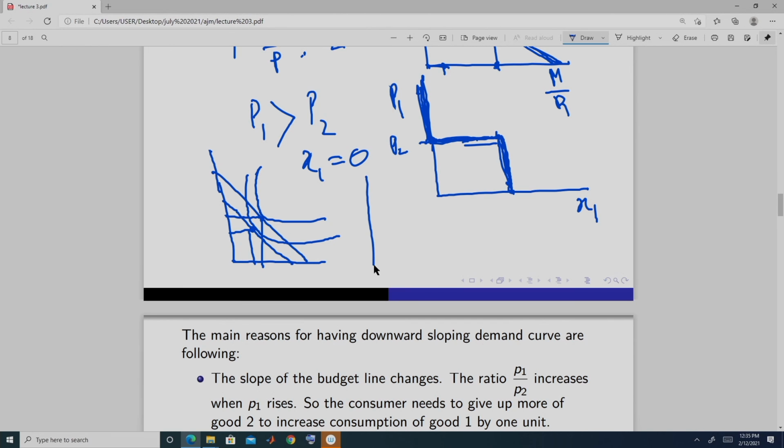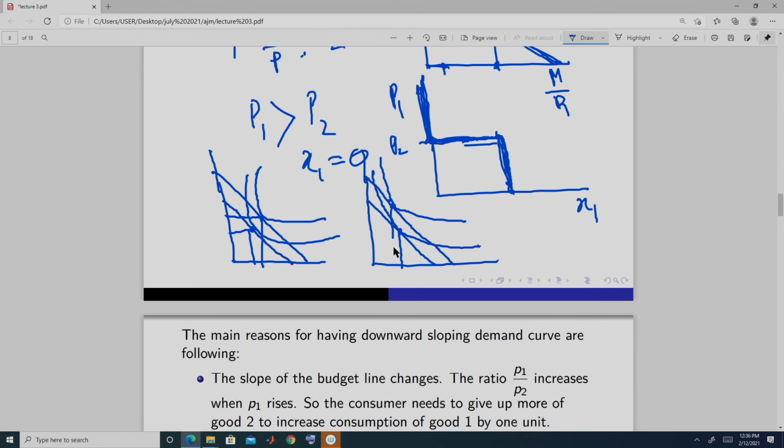But suppose the situation is something like this. So, what is happening to the demand for good one?